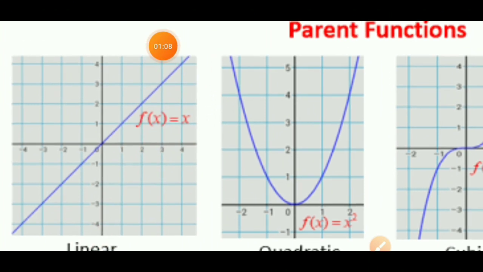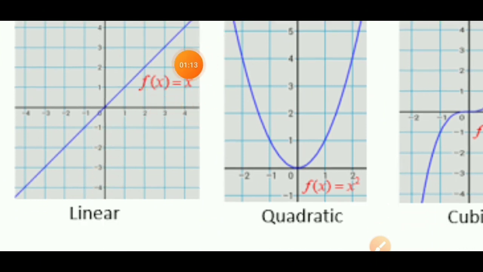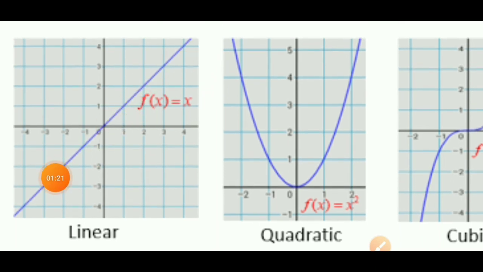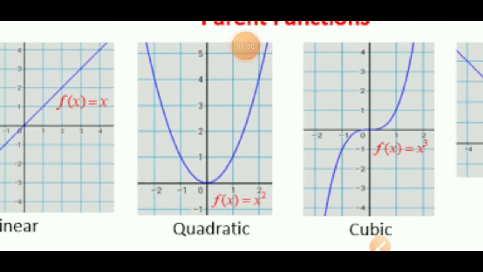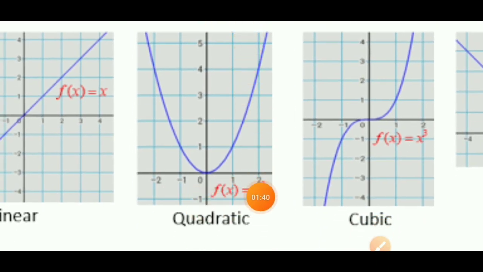How do we determine that this equation is a linear function? Later I will teach you how to graph this function, but I will give you a glimpse: the graph of this equation is a linear graph. We also have the equation f of x is equal to x squared, a quadratic equation.